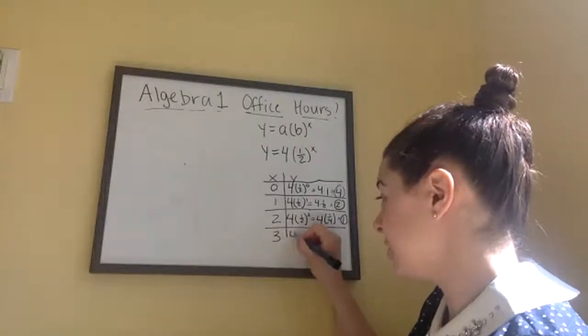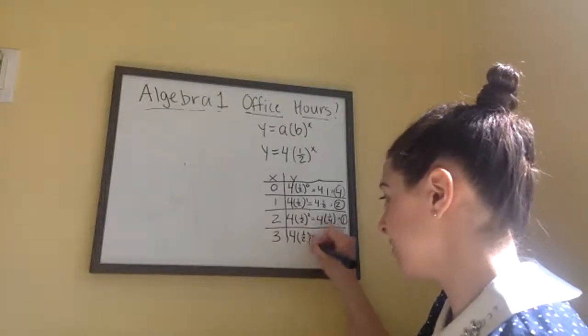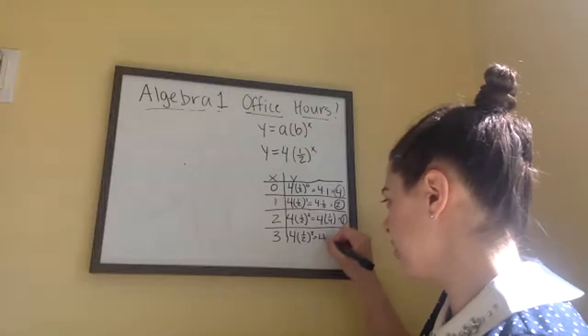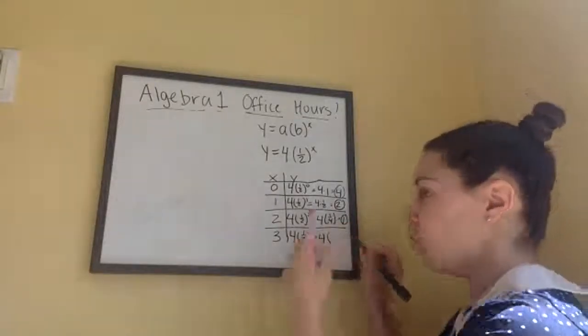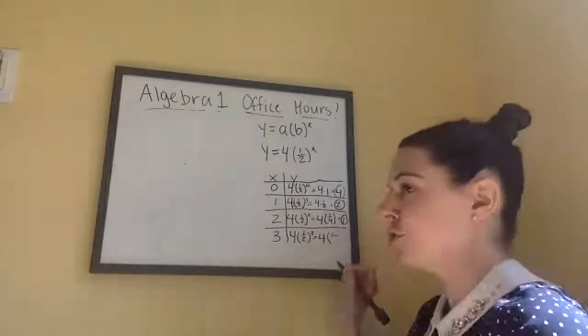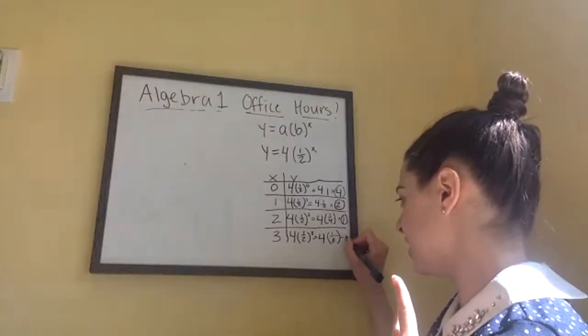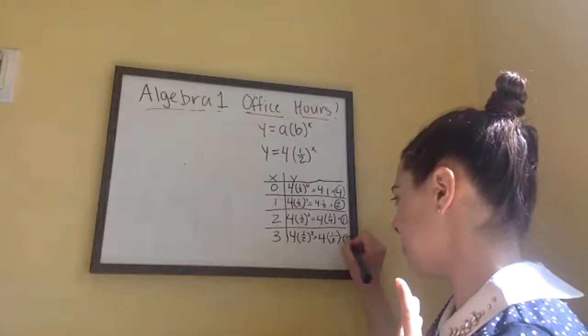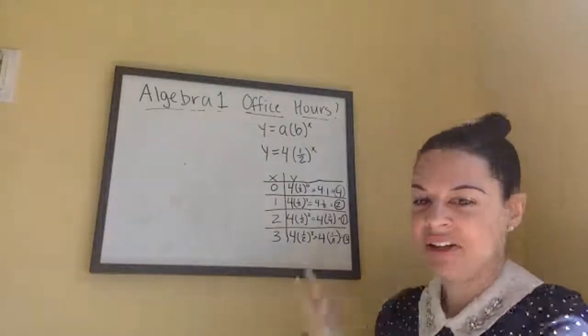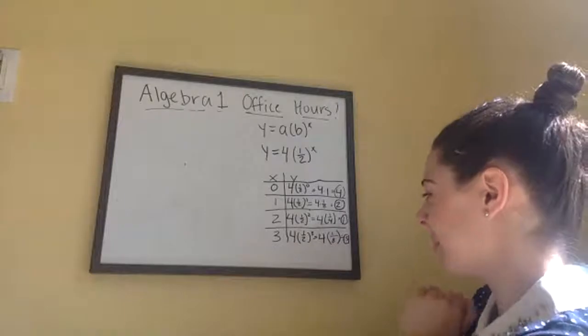Okay? And the next one, 4 times 1/2 to the third, equals 4 times, and then my fraction, 1 times 1 times 1 is 1, 2 times 2 times 2 is 8. So 4 times 1/8, that's just 0.5. I know that might be a little hard to see, but my final coordinate point is 3, 0.5.